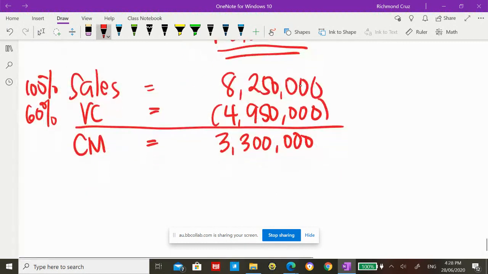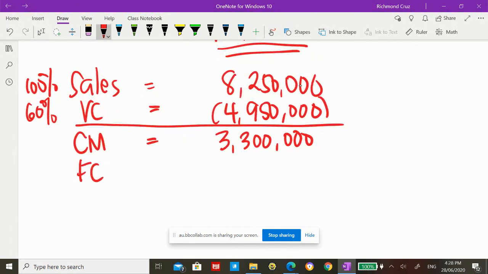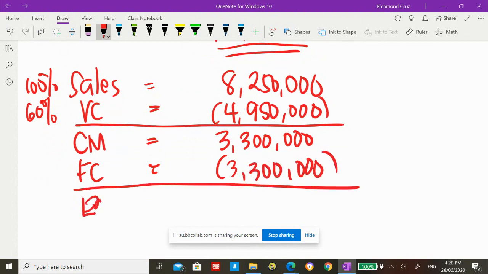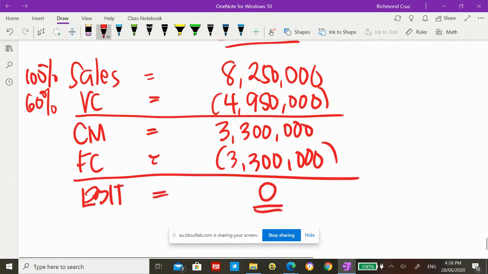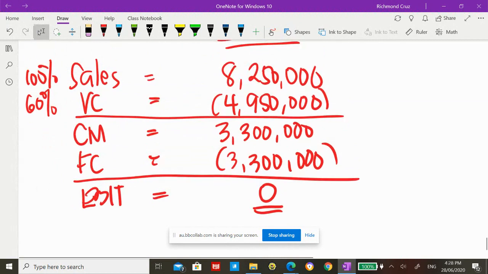Yung fixed cost natin is 3,300,000. Therefore, ang EBIT or operating income will be 0, which is our goal actually, to determine the level of sales wherein we are break-even. So if our sales is 8,250,000, break-even tayo dun, meaning there is no profit, there is no income.